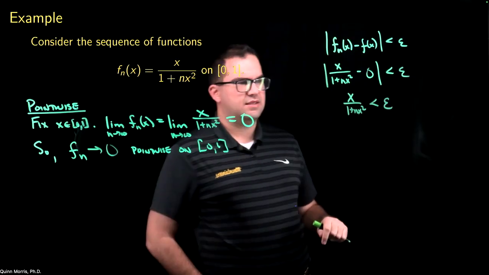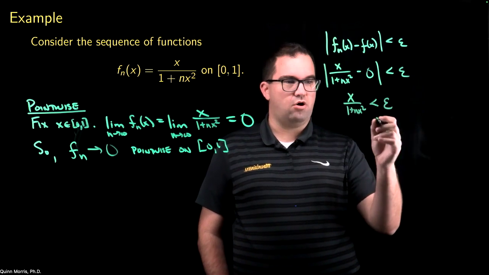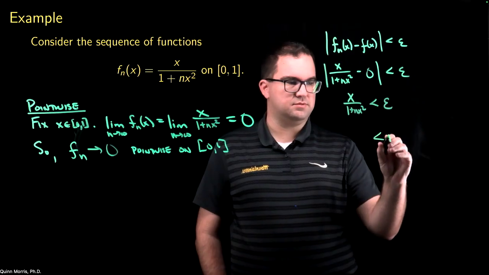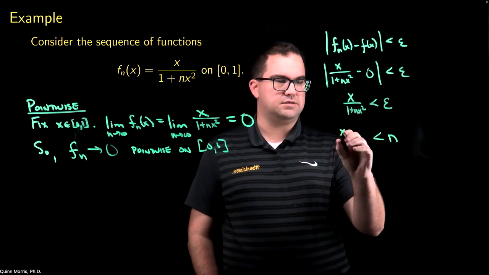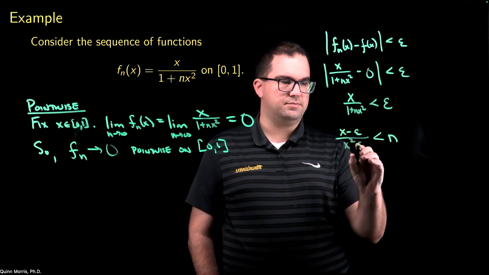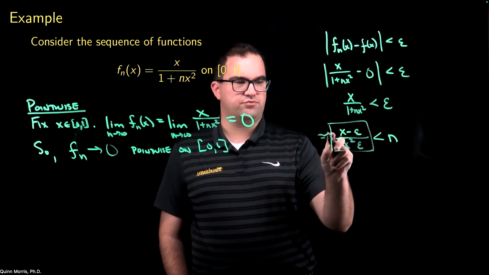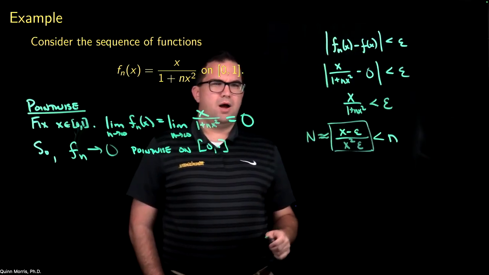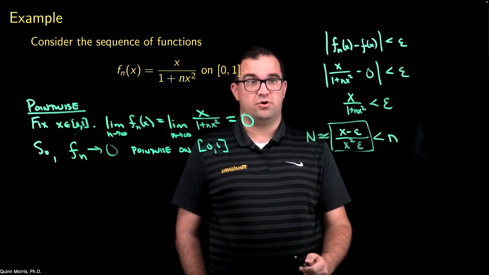And so I could look at this and say, okay, I need to solve this for n. If I solve this for little n, and I'm going to skip some steps here, I will get x minus epsilon over x squared epsilon. So this is roughly my capital N, right? But the first problem I see is that this capital N depends on x.